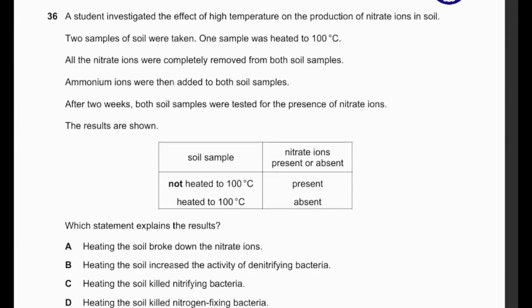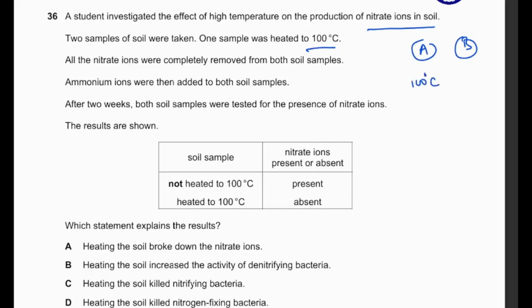A student investigated the effect of high temperature on the production of nitrate ions in soil. 2 samples of soil were taken. One sample was heated at 100 degrees Celsius. Fine, we have 2 samples, A and B, and one of them is heated at 100 degrees Celsius.